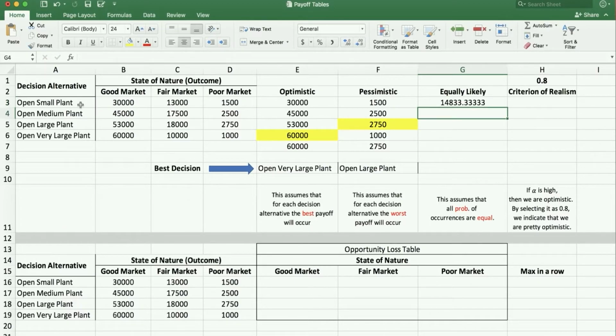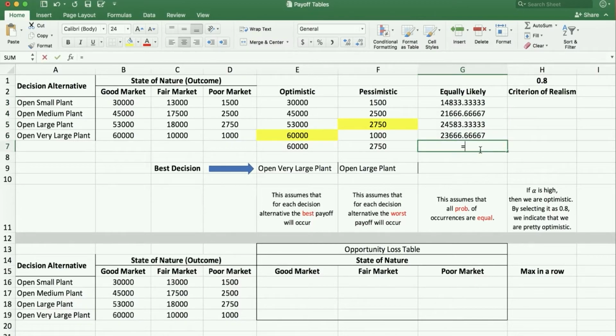For example, for the first decision alternative, the average payoff is 14,833. And you are going to repeat this for all of our decision alternatives. Therefore, I can click on this cell, go to the bottom right, and drag it all the way down so that we can calculate the average for all decision alternatives. And then I have the averages.